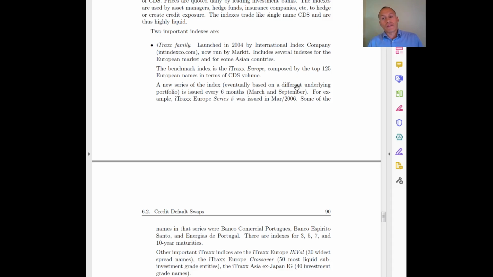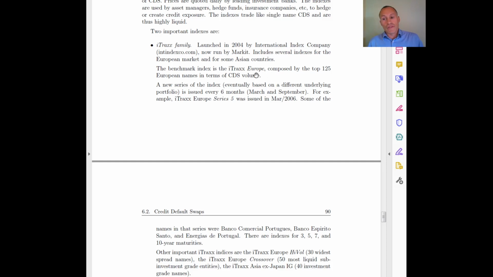While the S&P 500 or the Dow Jones, if it weren't for certain events, could be the same index for, I don't know, 100 years or something like that. Here, at the end of 5 years, the index would be over because the CDSs would all be at maturity.